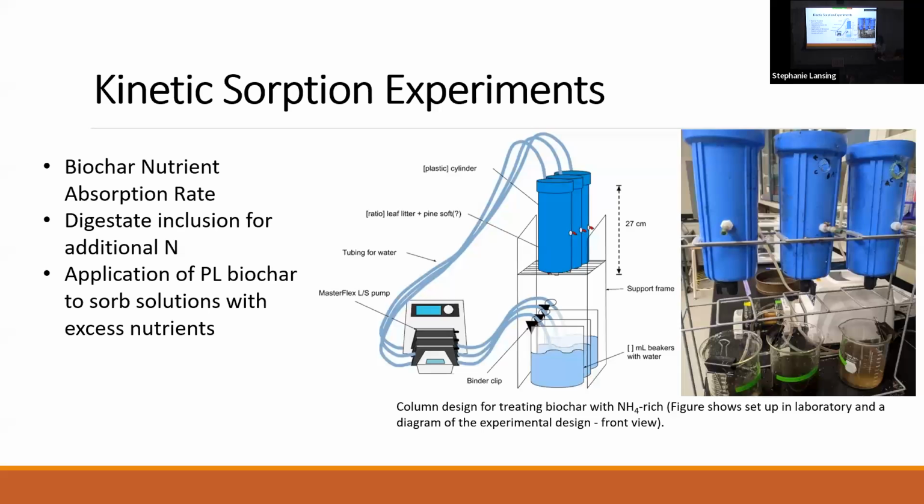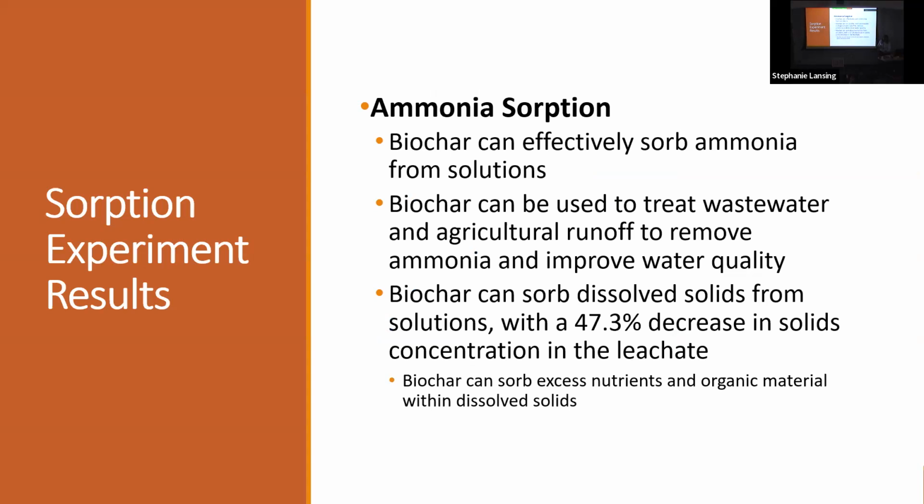Did the biochar actually get everything out of it? And seeing how that looks over time. Though these experiments are ongoing, we can see that biochar can effectively absorb ammonia, as well as take out some of the dissolved solids with higher organic material in order to create a more balanced nutrient profile.